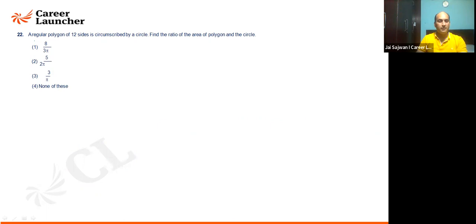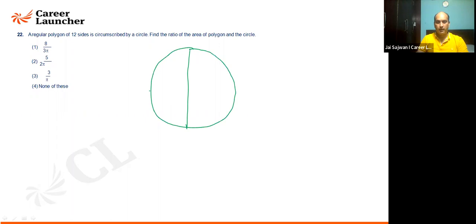A regular polygon of 12 sides is circumscribed by a circle. The ratio of the area of the polygon to the circle will be what? So let's consider there's a circle and there's a polygon. 1, 2, 3, up to 12.